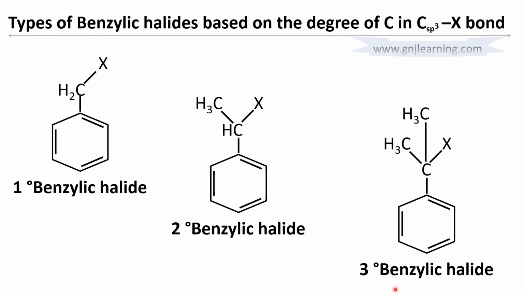And this is tertiary because it has three CC bonds attached to it, so tertiary benzylic halide. So this is how alkyl halides, allylic halides, and benzylic halides are classified into primary, secondary, and tertiary halides.